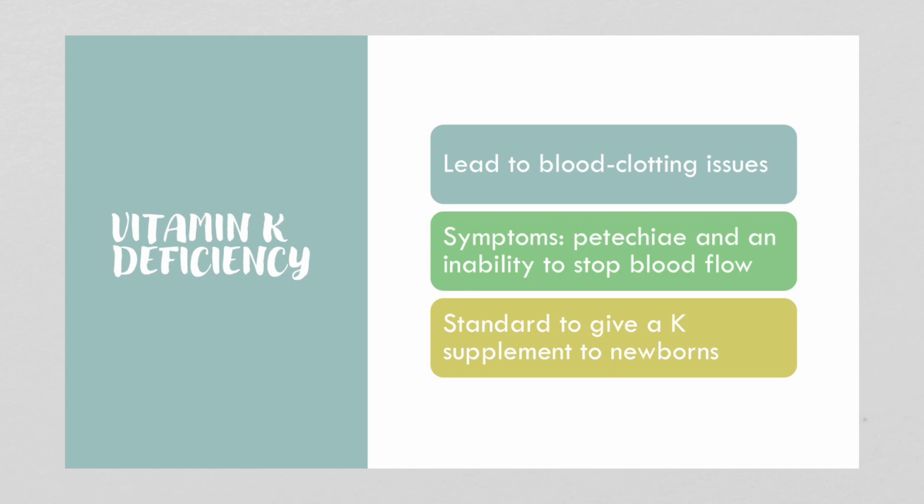The symptoms are petechiae, which is when the tiny blood vessels under the skin are bursting, and it looks like bruising is happening right under the surface of the skin, a little dotty, little purple dots under your skin, and an inability to stop your blood flow, so you can't heal wounds, you can't clot your blood, which is a bad thing. It's standard to give a vitamin K supplement to newborns, just in case they're not yet ready to produce vitamin K with their intestine.